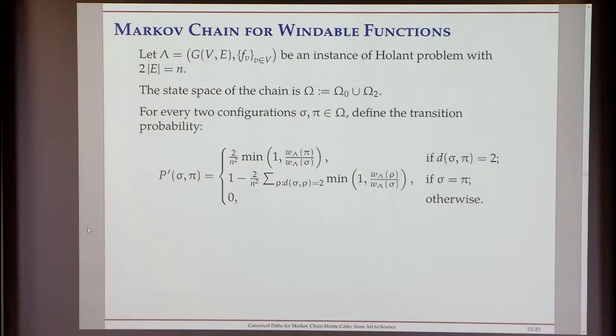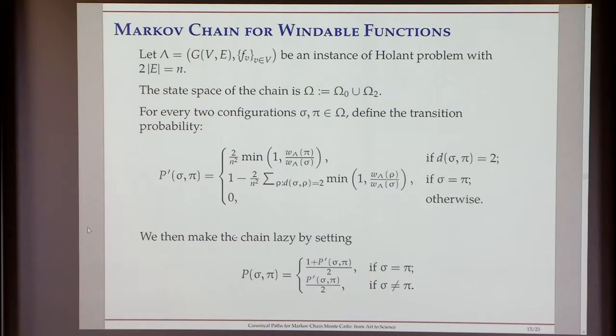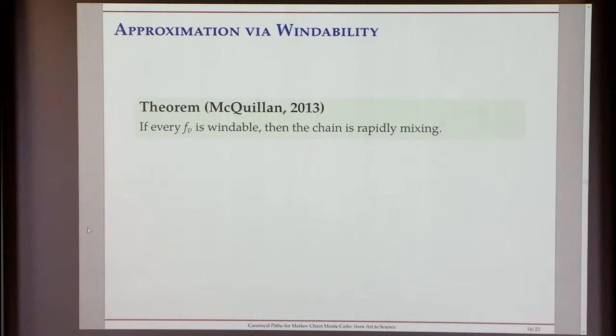So this rule is simply the Metropolis rule, and so it is reversible and converges to the desired distribution. And we have an additional step to make this Markov chain lazy. So we add some probability to stay at sigma. So with this Markov chain, McQuillan shows that if every function f is windable, then this Markov chain is rapidly mixing.